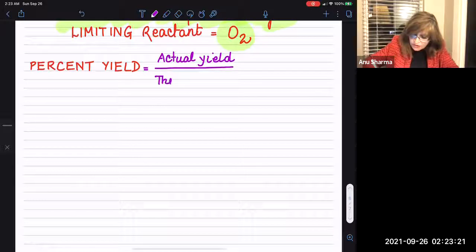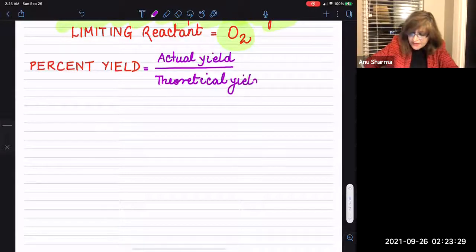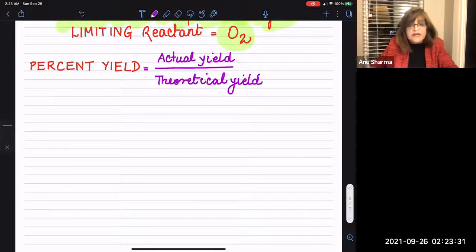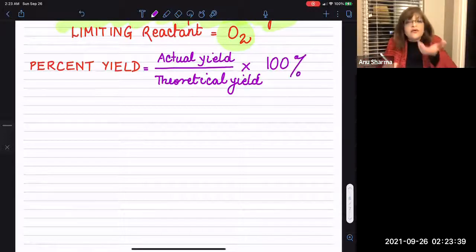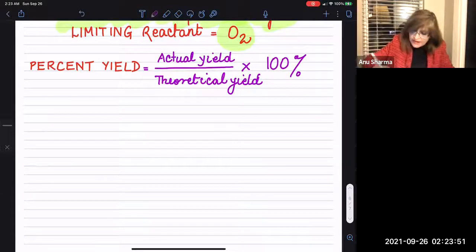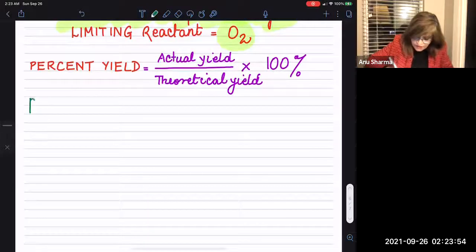In theory, you can just do the calculations on a piece of paper, right?